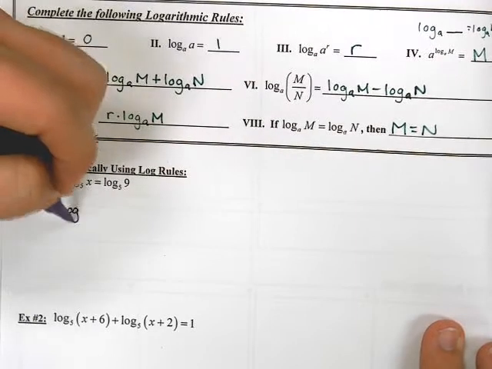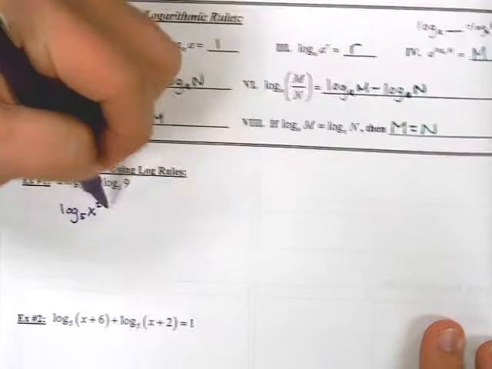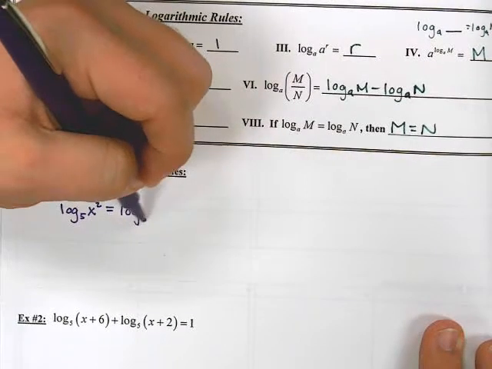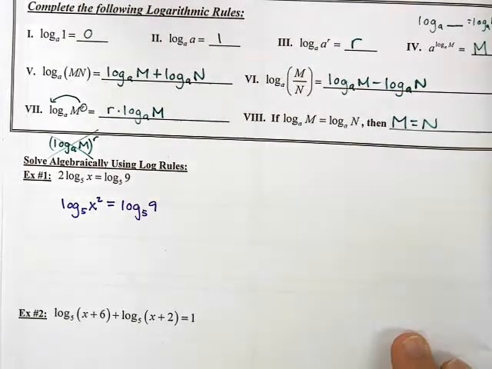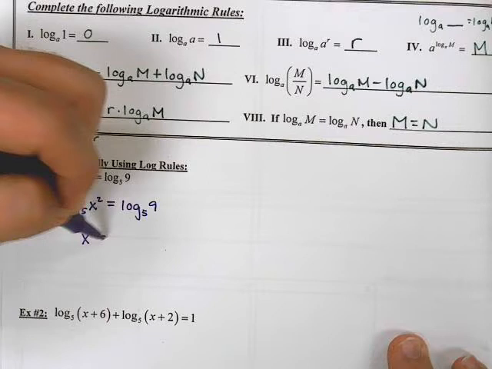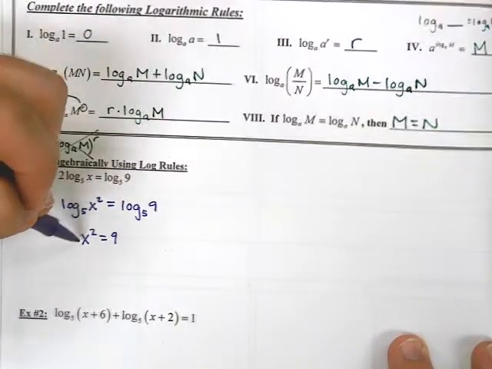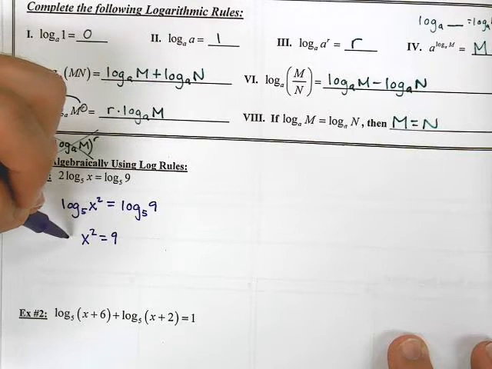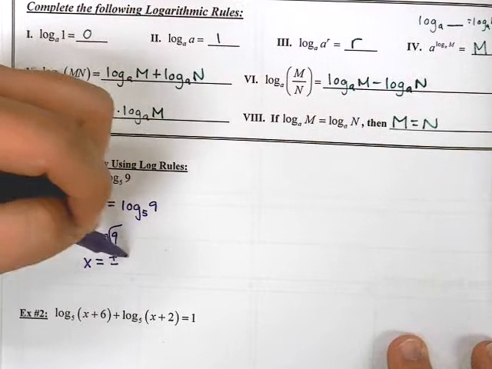Yes, we can bring it back into the exponent of the argument, which means I now have two logarithms with base of 5, which means I can set my arguments equal to each other. All right. Notice we're squaring, which means we have to do the inverse operation, which would be square root, so x equals plus or minus 3.